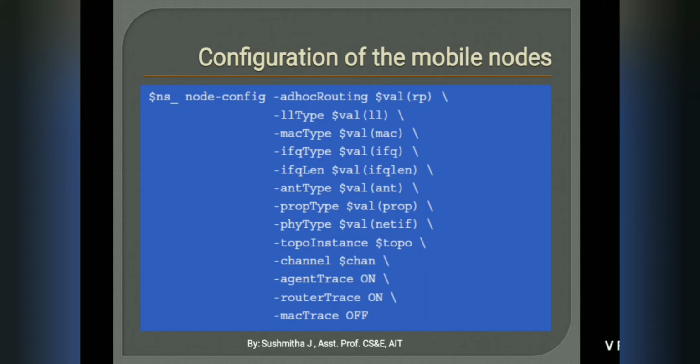So I was talking about the configuration of the mobile node. These are the parameters that we look at: the link layer type, the MAC type, the interface queue, and all that you have defined earlier, you are configuring here. But the last three are what we have not discussed: the trace agent, the router trace and the MAC trace.